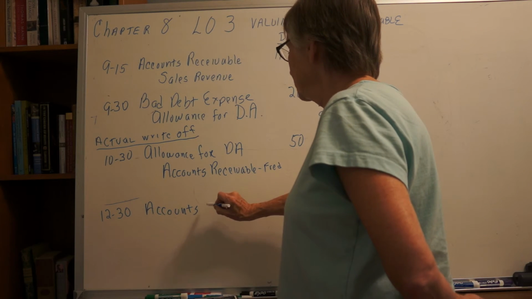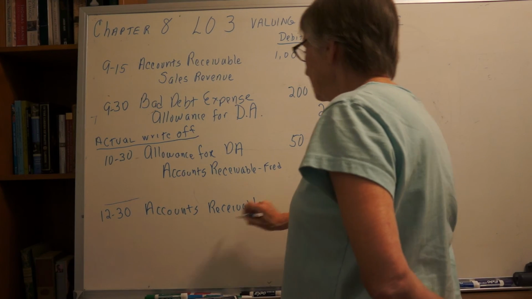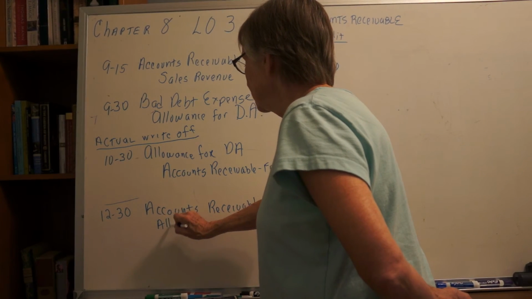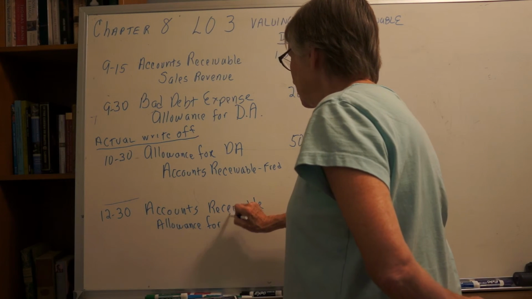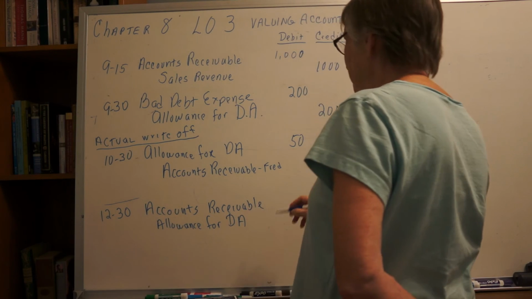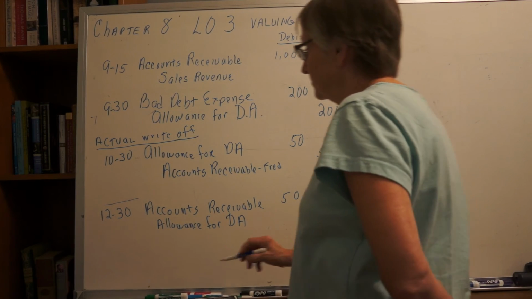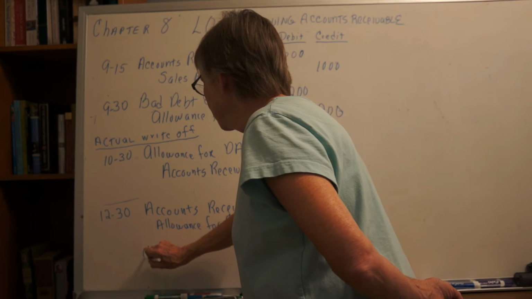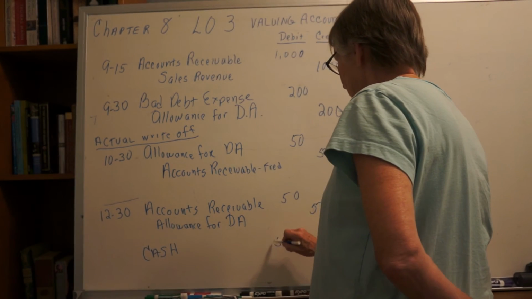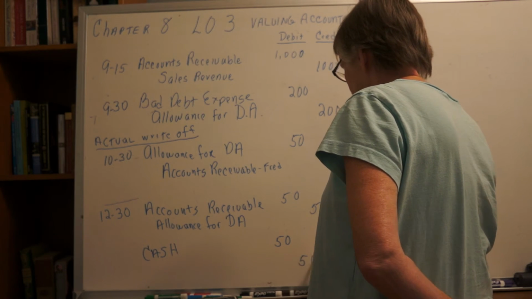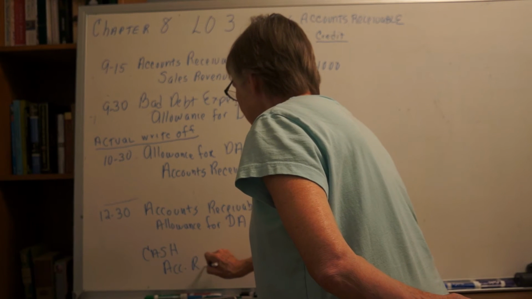So we would put the account receivable back on the books. We would say, okay, we're going to collect money on this, so we can put the allowance for doubtful accounts back in there for somebody else. Now we've got the receivable, and so now we can record the receipt of the cash that he sent us and reduce the account receivable that we just put back on the books.